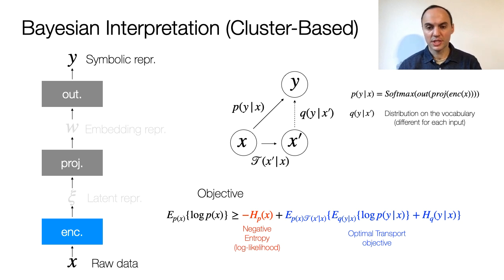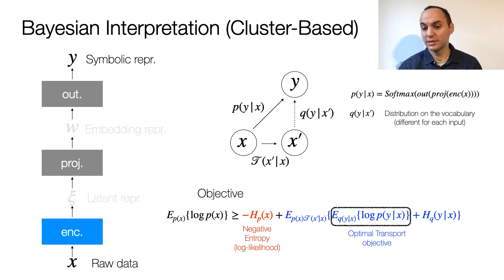To understand the behavior of such an objective, let's consider the maximization with respect to Q. The second addend in the blue objective enforces maximum entropy, which means that our Q tends to be uniform over our symbols.